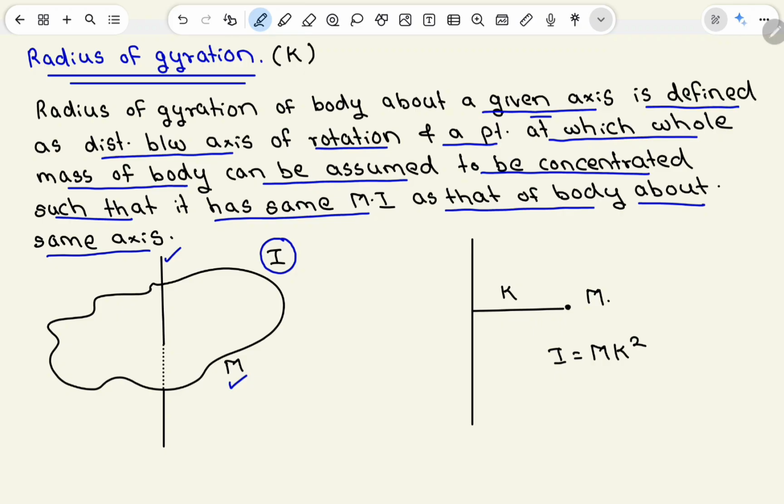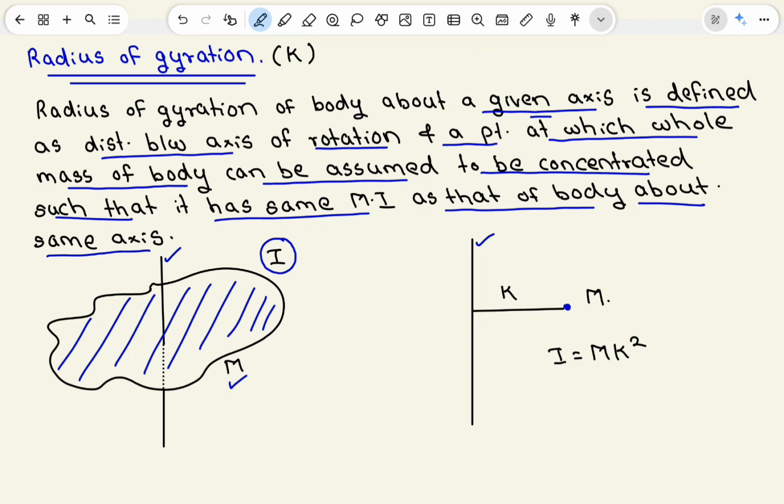Now, what I do is I take this whole mass over here and convert it into a point particle. So this is the point particle on the right hand side of the page. This is the same axis. The axis has not changed. So the left hand side axis and the right hand side axis are same.